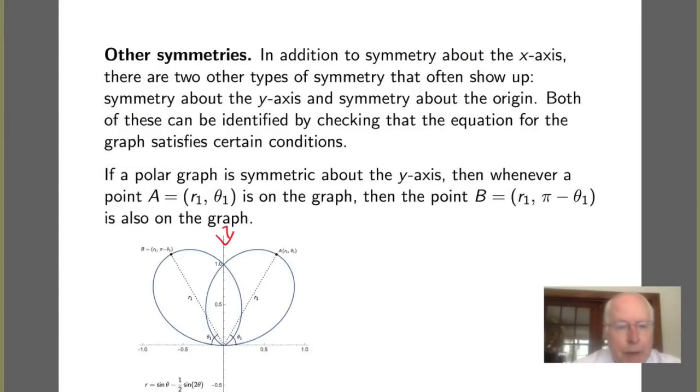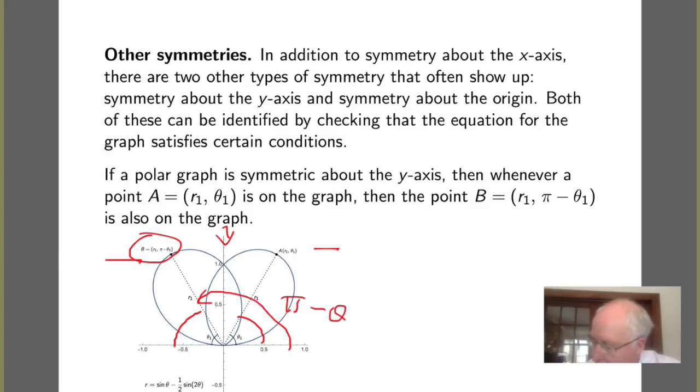One way to check for that is if the point r1 comma theta 1 is on the graph, then this reflection about the y-axis is also on the graph. And you can check that this point can be described by r1 comma pi minus theta 1. So if the angle theta 1 is over here and I come theta 1 off the negative x-axis, then this angle will be pi minus theta 1.